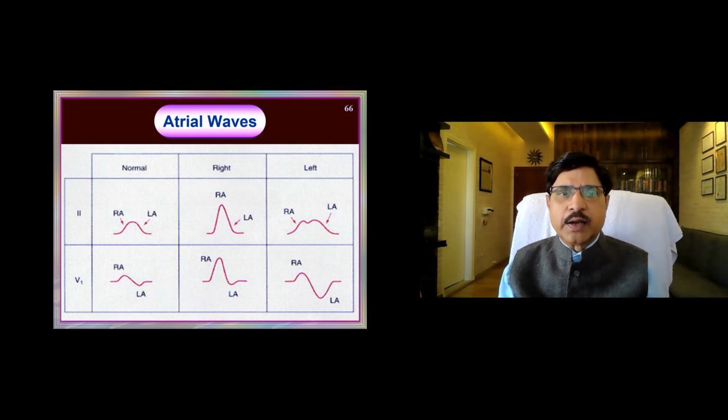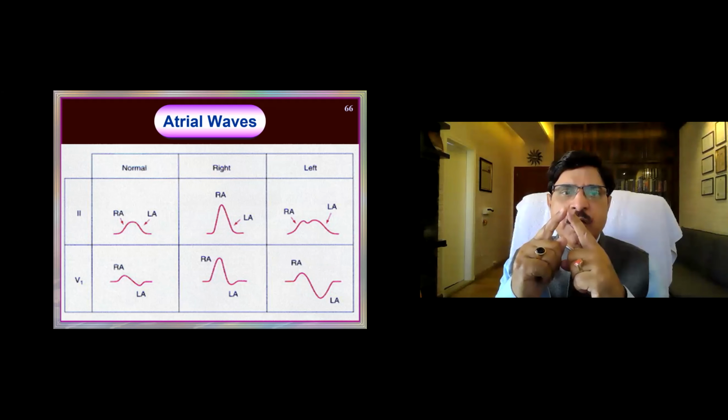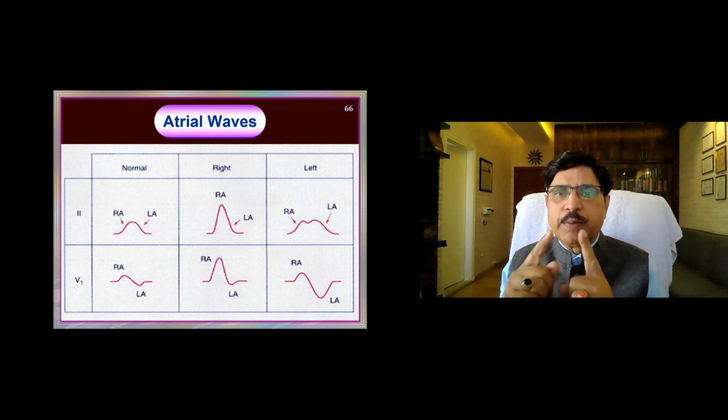Then we know there is right atrial hypertrophy and left atrial hypertrophy. How does it look in right atrial hypertrophy? The P waves are like arrowheads. This is called the arrowhead P wave, also called P pulmonale. P pulmonale is seen in right atrial hypertrophy, pulmonary hypertension.